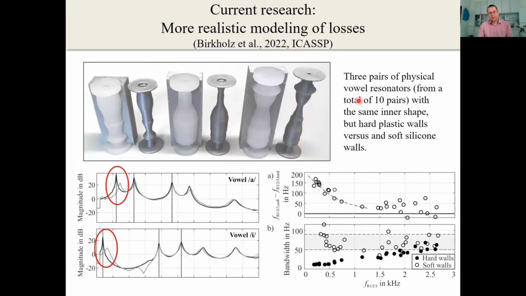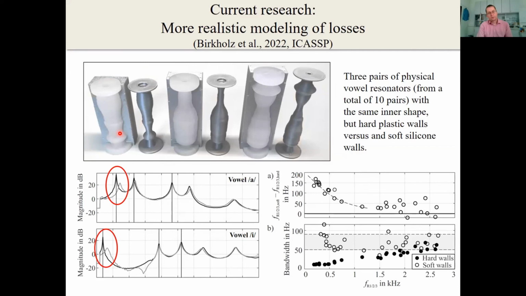Okay, another loss mechanism that needs more research is the loss due to the soft walls. And for this, we created physical models with hard plastic walls, like these gray models here in the top picture, and then also models with soft silicone walls that we see here as these white silicone models.